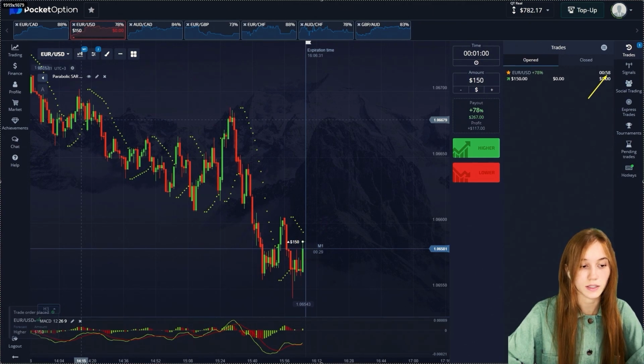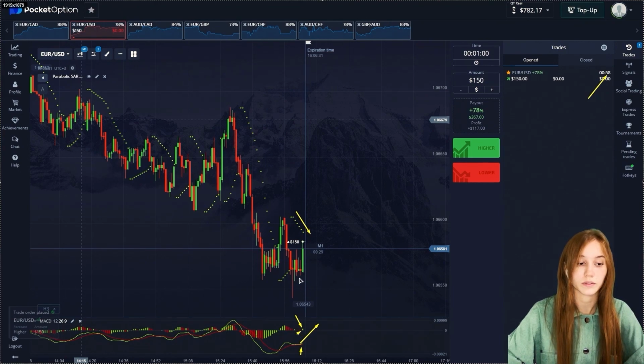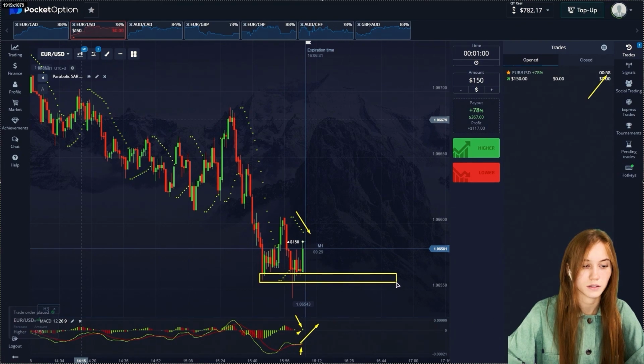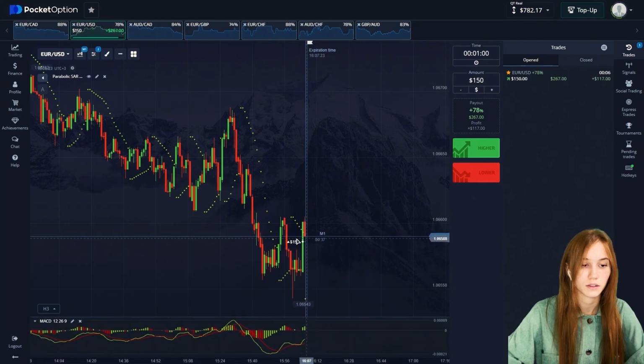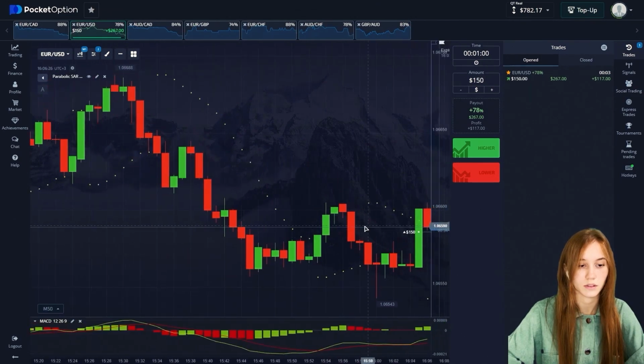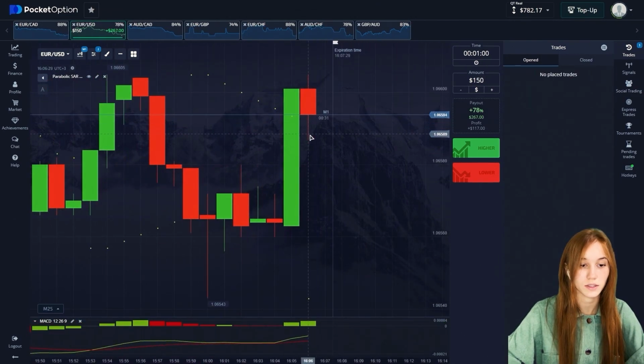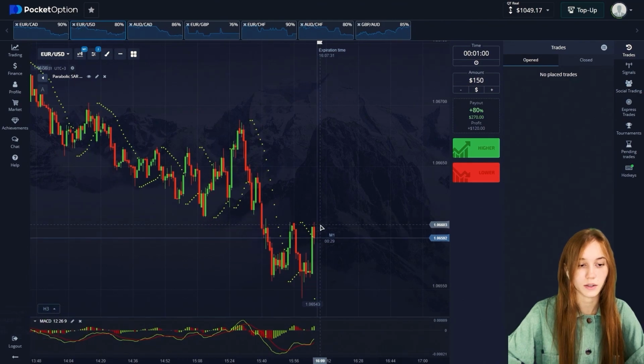By parabolic we see a decreasing trend, but by MACD we see that the green line is going up and the red bar is lower. Also we see an increasing trend. 4 seconds left. Zoom it. Yeah. The deal goes into plus.